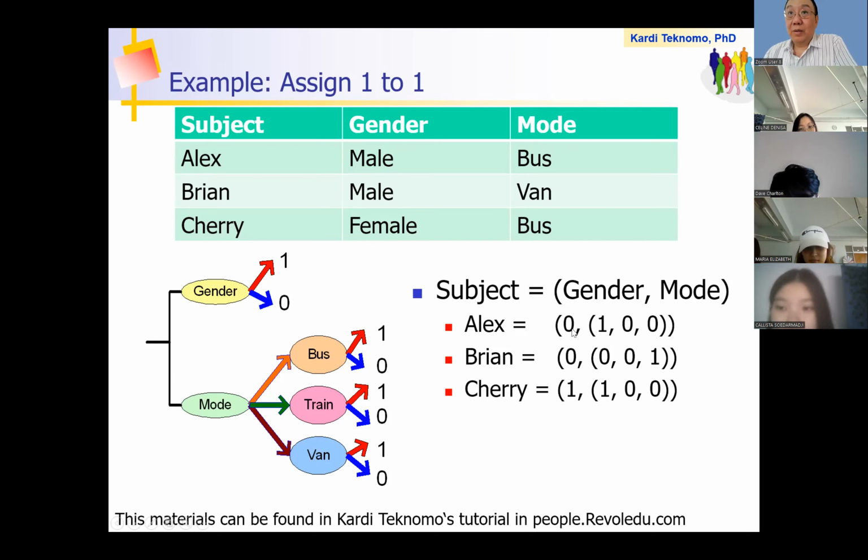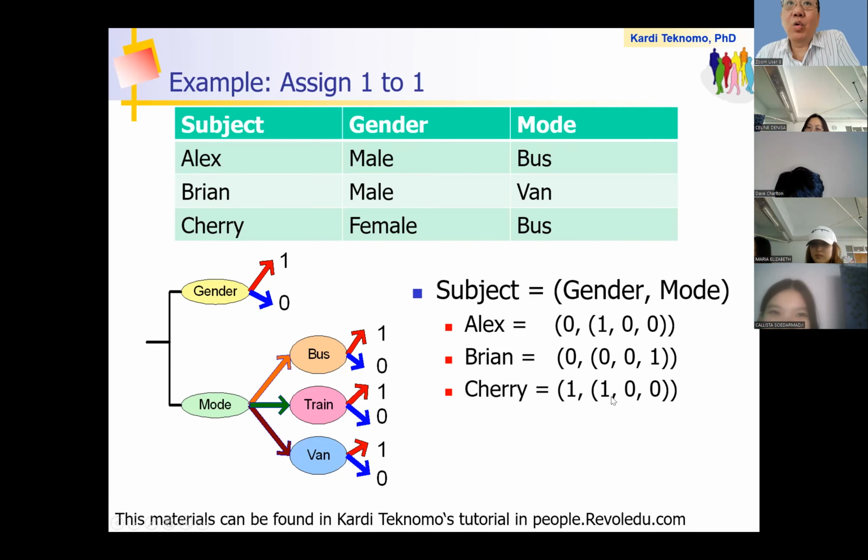So gender is this one, 0 and 1. Alex is male, which is 0. And female is 1. Cherry is 1. And then the mode, you need to set. The first one is for the bus, the second one for the train, the third one is for the van. Is it clear or not?